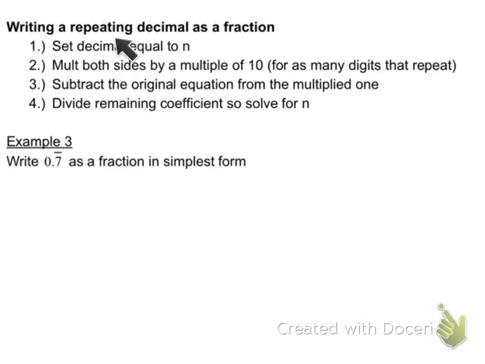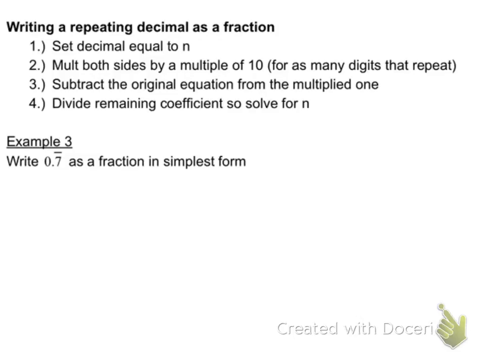So this is how you do it. Number 1, set the decimal equal to n, or some variable. You will take whatever that is, so it's 0.7 repeat, and set it equal to a variable. Step number 2 says you multiply both sides by a multiple of 10 for as many digits that repeat.